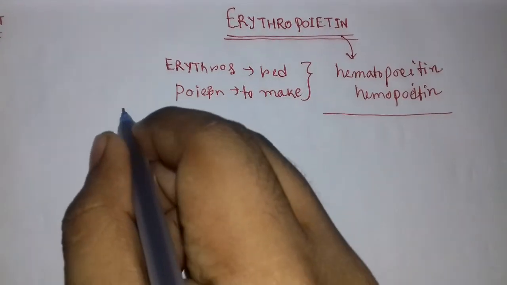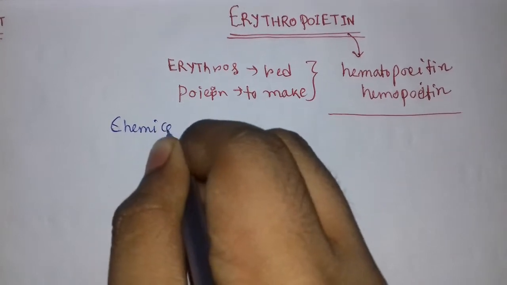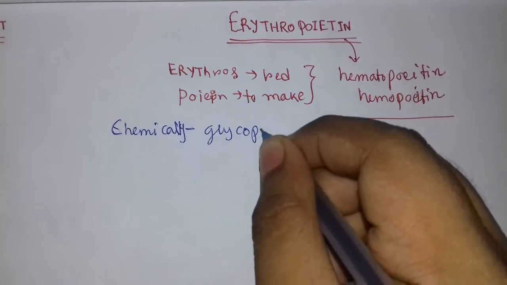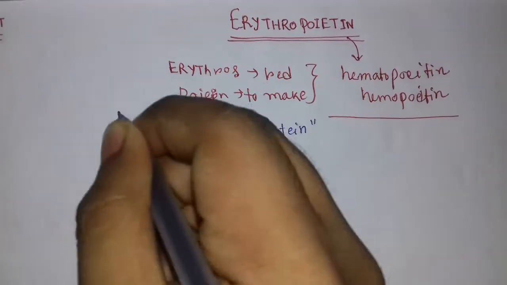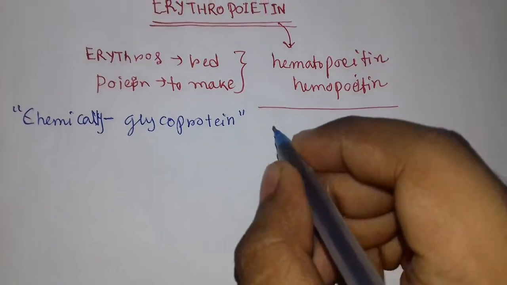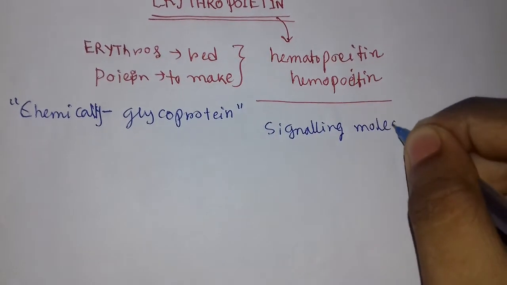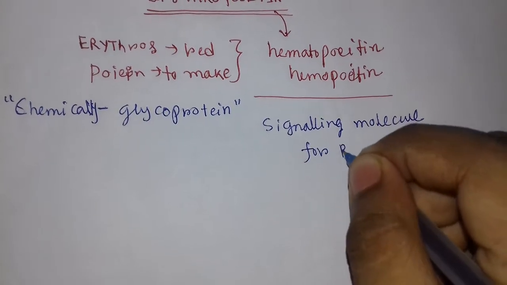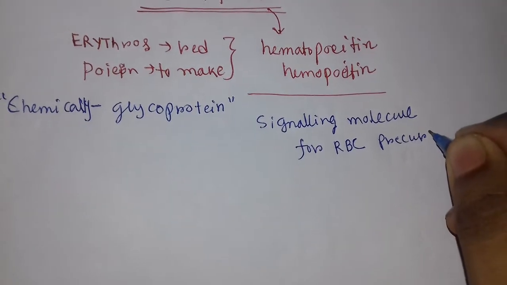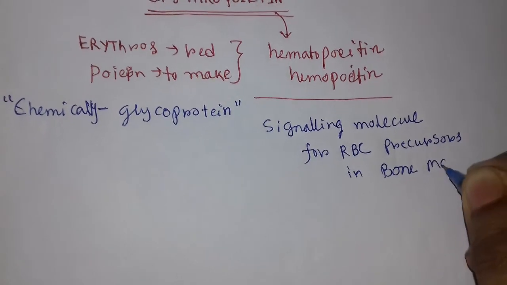So what is this basically? By chemical nature, it is a glycoprotein, and it acts as a signaling molecule for RBC precursors, red blood corpuscle precursors, in the bone marrow.